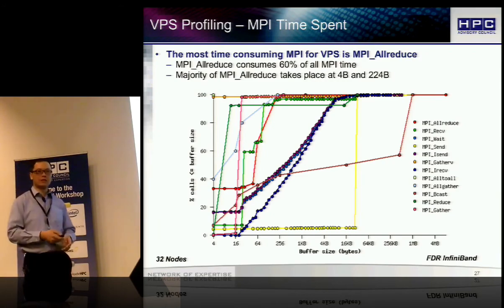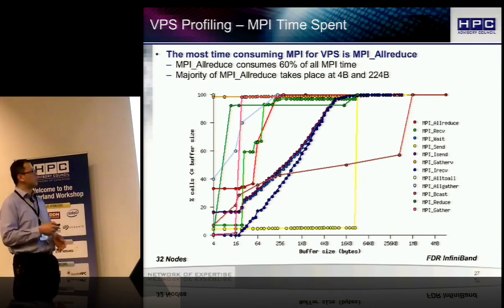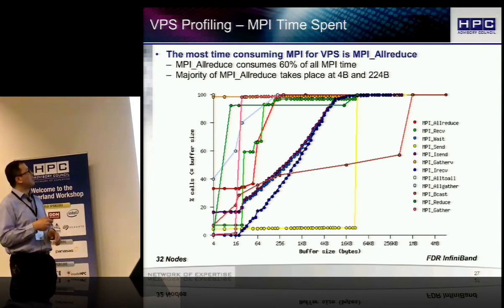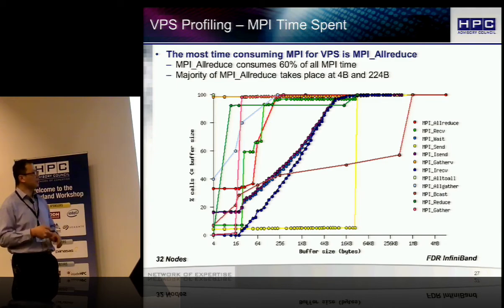Previously, we talked about it being all reduce, so we just look for the one that says all reduce in bright red, and try to find out what kind of messages it happens on. For all reduce, it's around somewhere right here. I think it's between 4 bytes and about 224 bytes, which is this line right here.